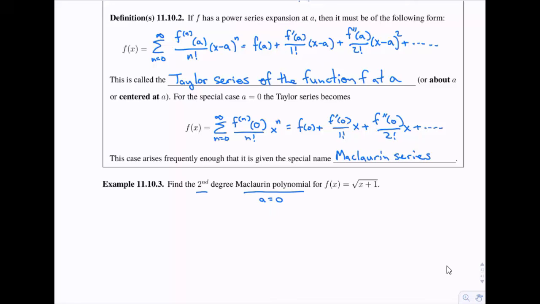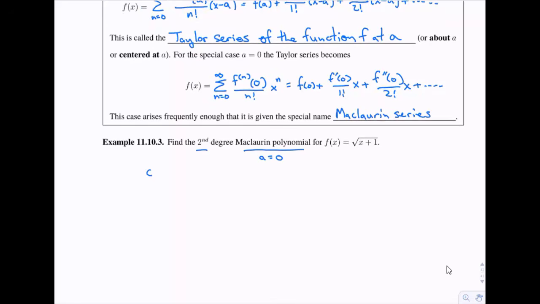So we really need to figure out c sub 0, c sub 1, and c sub 2. We need to figure out these 3 coefficients. And according to our formula, we know how to evaluate these things. And once we have them, we can put them together and we get a quadratic: c sub 0 plus c sub 1 times x plus c sub 2 times x squared.